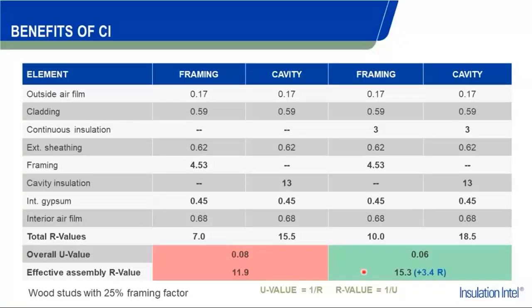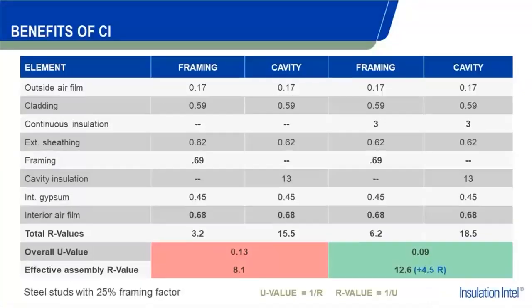By adding a half-inch to get an R3, we end up with an R15.3 in these wall scenarios. That's an increase of 3.4. So that definitely does help with the thermal drive.